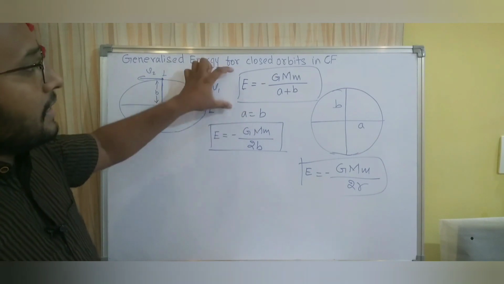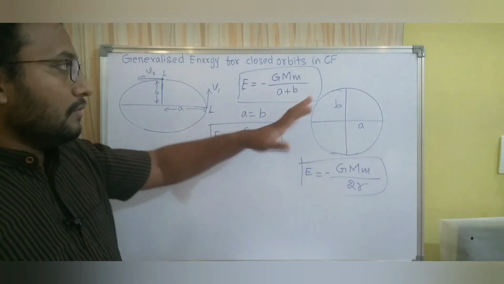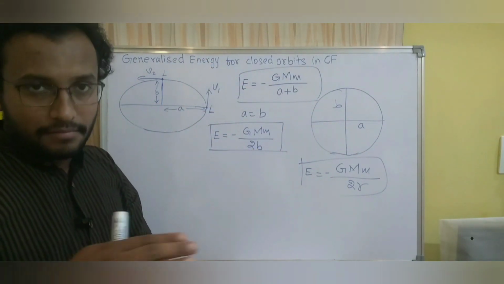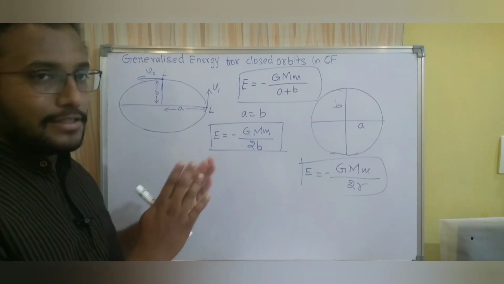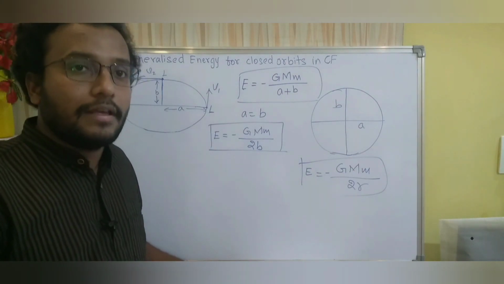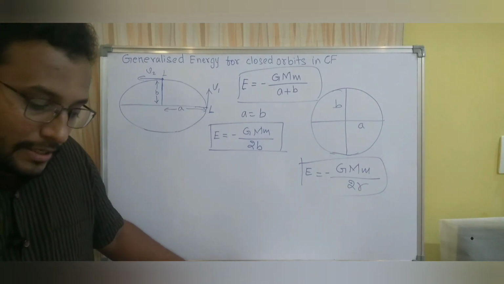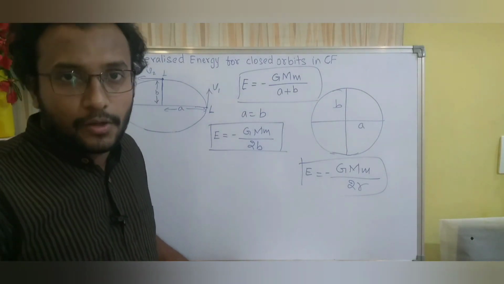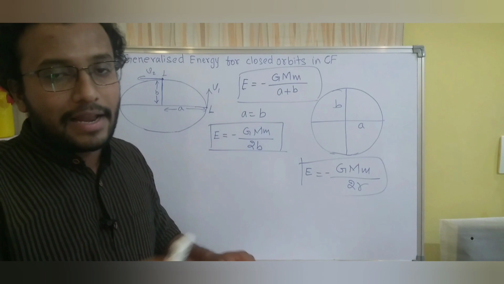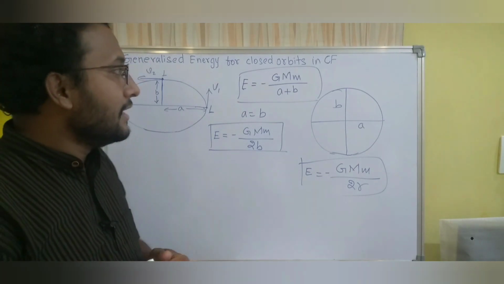That is why this expression E is equal to minus GMM divided by A plus B is a more generalized formula for the energy of anything, especially any celestial object moving in this gravitational force field.